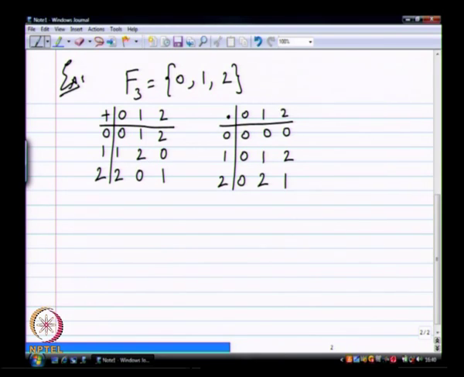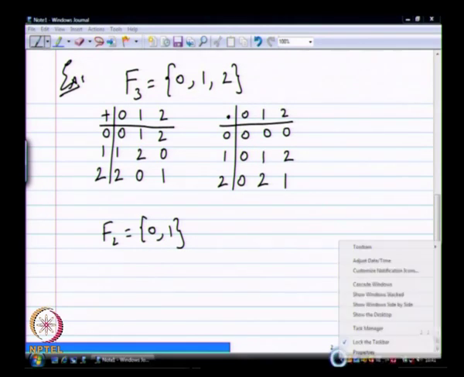So the other example that we saw was of course F2, which was 0, 1. So when you initially see these fields, there is some kind of an inclusion. I was saying you have to think about one field containing another field.